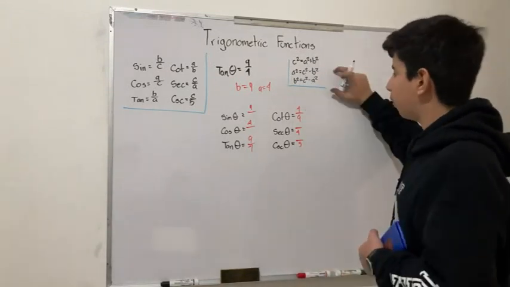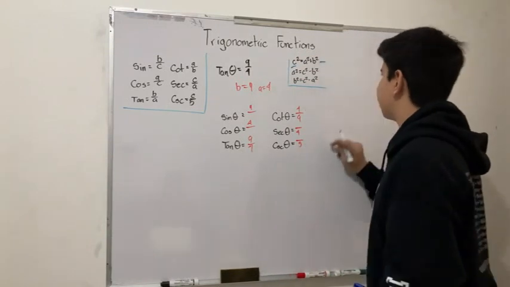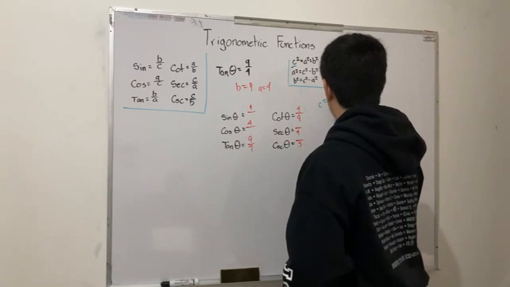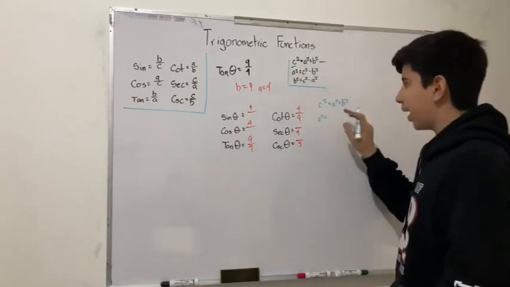So here is where these operations come in. We need to get c, so we choose this operation: c squared equals a squared plus b squared.